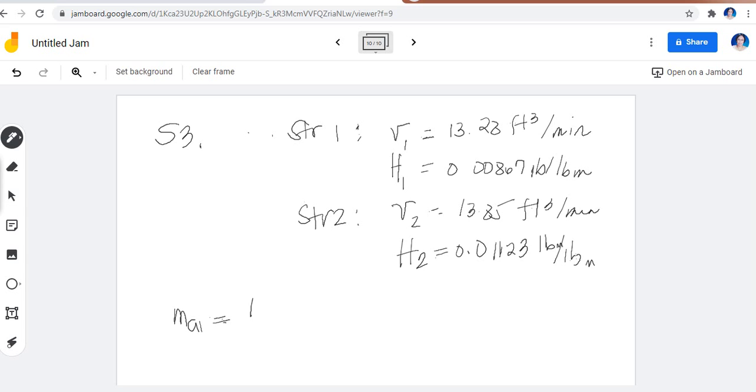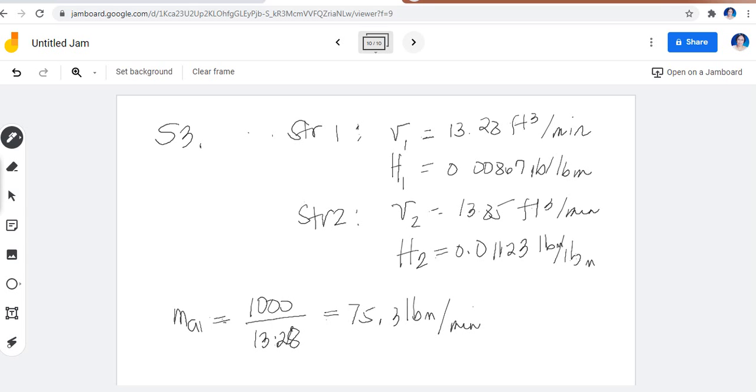So you have its volumetric flow rate of 1,000. We divide it by the specific volume, 13.28. This will give you a value of 75.3 pound mass per minute.